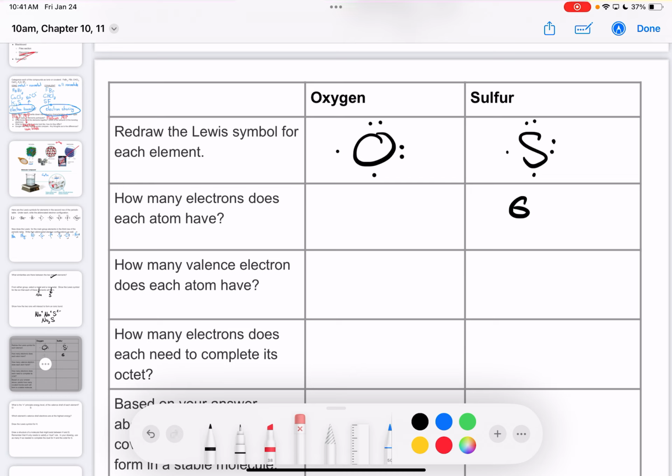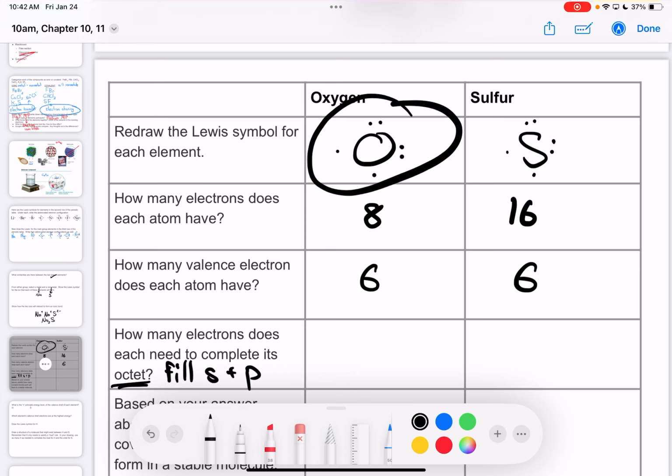Okay, so actual electrons, oxygen has 8 and sulfur has 16. Valence electrons, oxygen and sulfur both have 6. When we talk about octet, we're talking about filling the S and P orbitals, which is where that 8 number comes from. So we've got 6 around there already.